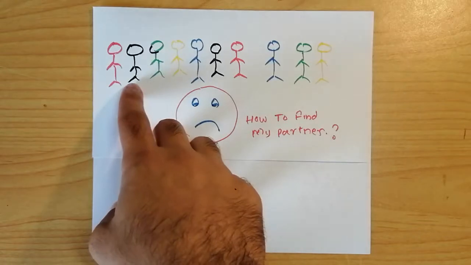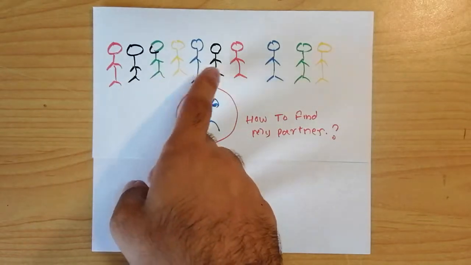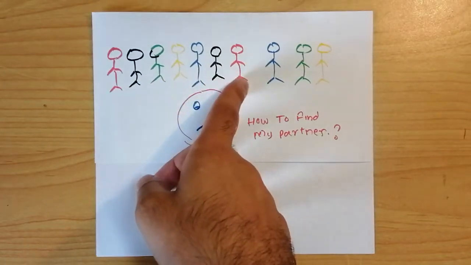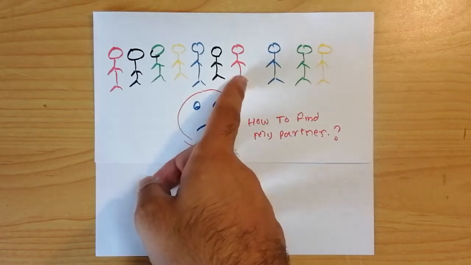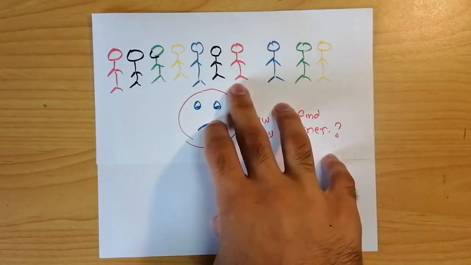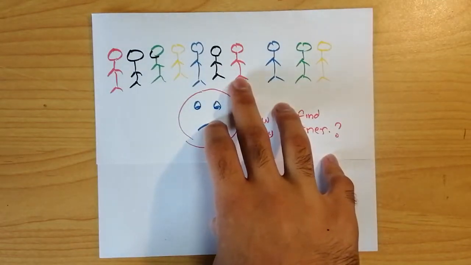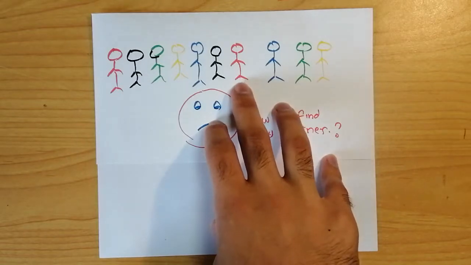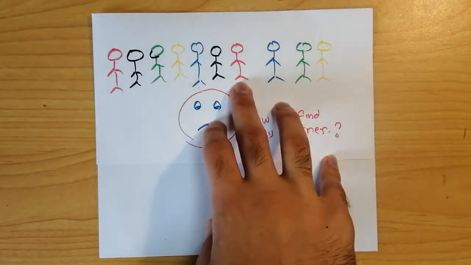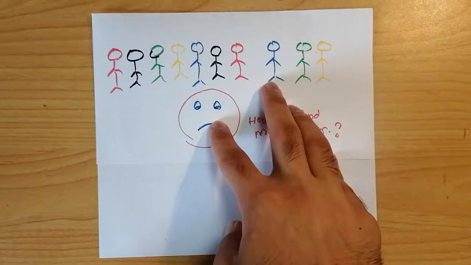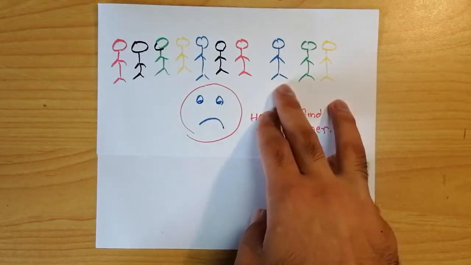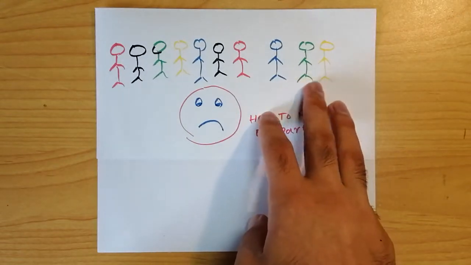Then he has to inquire this guy, this guy, this guy, and then he will find the nearest neighbor. But the problem is, even when he comes to this guy, he has to also inquire this guy because they may be nearer than him.